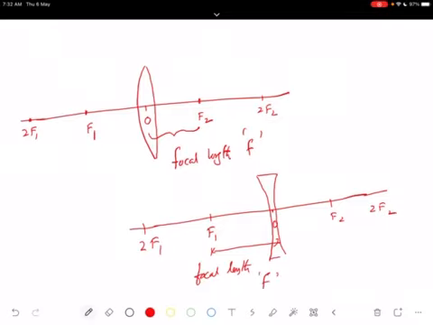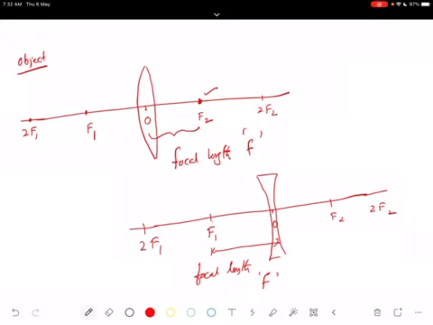So when the object is on the left side, you see the focus here. So optical center to focus distance is called focal length. You can compare with mirror.